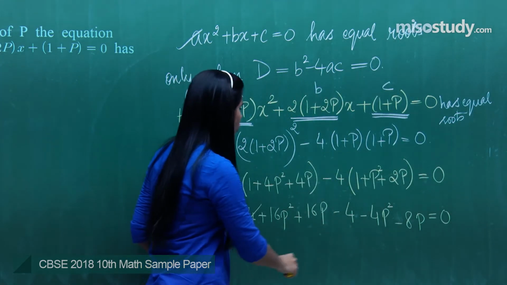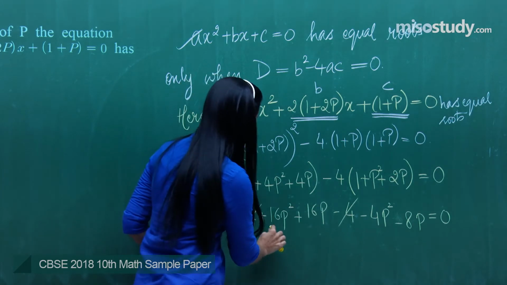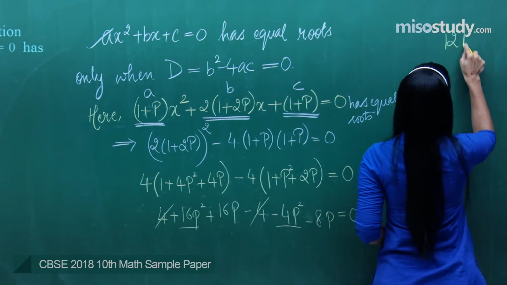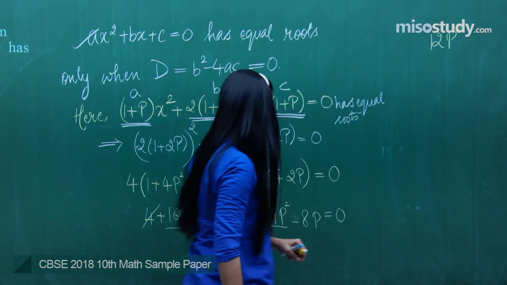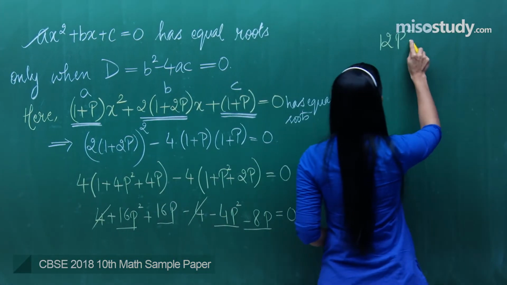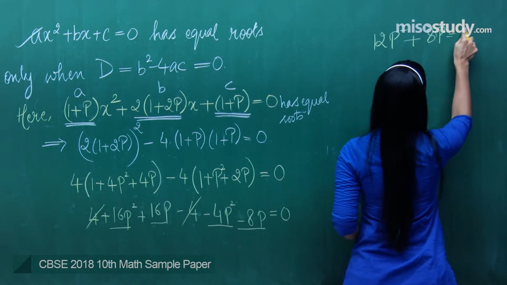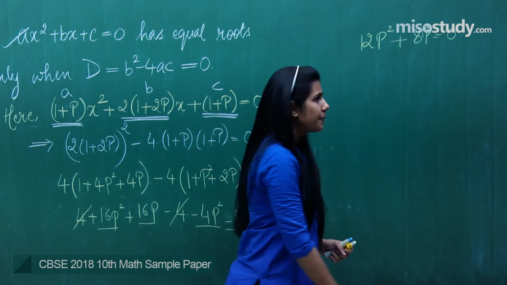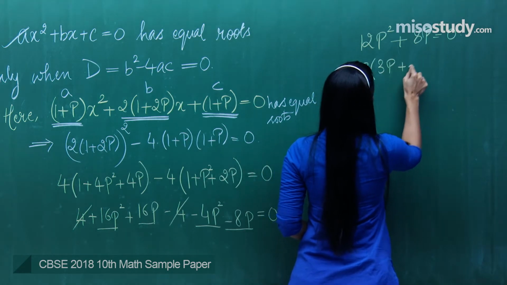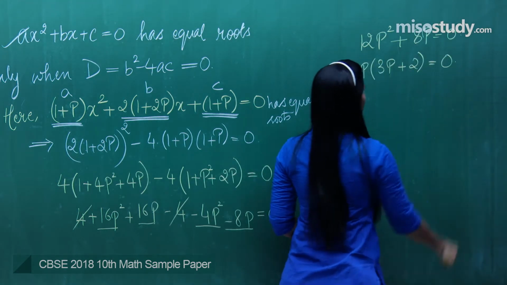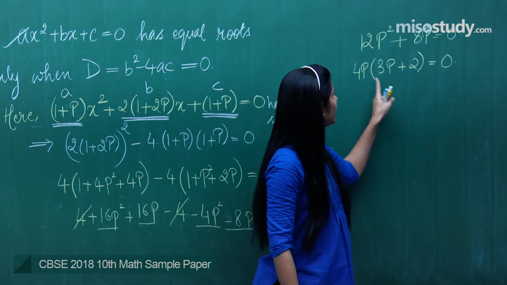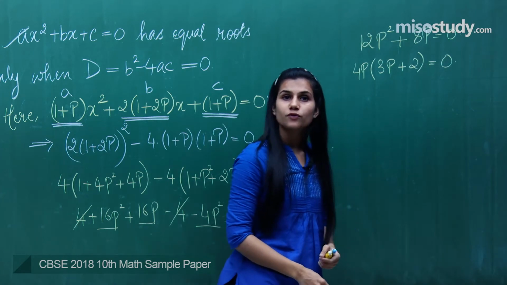And so from here 4 gets cancelled. You have 16p square minus 4p square, which gives you 12p square. After that you have 16p minus 8p gives you 8p. And now you can take out what? 4p common. You get 3p plus 2 equals 0. You can take out 4p common, right? Because 4, 3, 12, 4, 2, 8. You can take out 4 common.